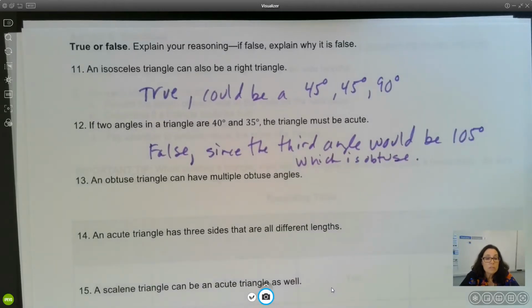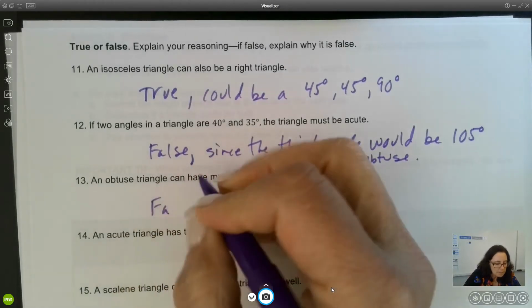An obtuse triangle can have multiple obtuse angles. False. We just said that that cannot happen.